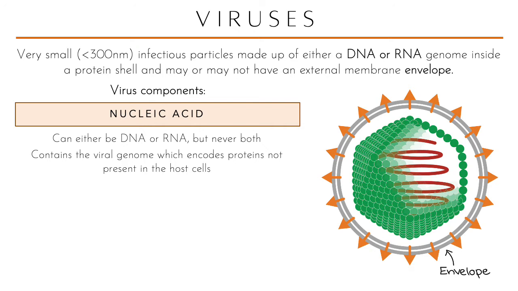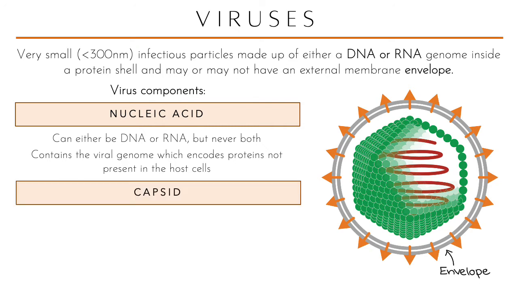So that means even if the virus does not carry a protein that it needs, or even if the cell that it infects does not have the protein that the virus needs, it can make that protein since the gene encoding for that is in its genome, all right? And viruses can have either a DNA or an RNA genome, but never both, right?